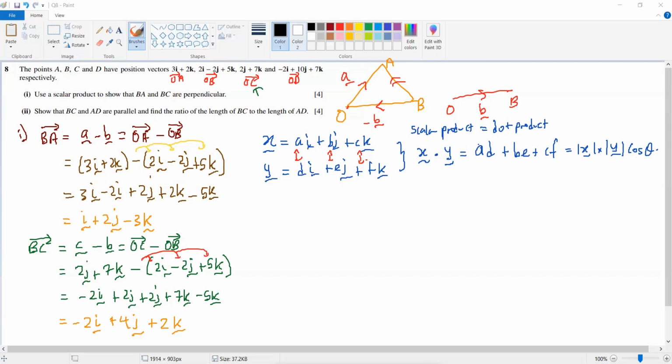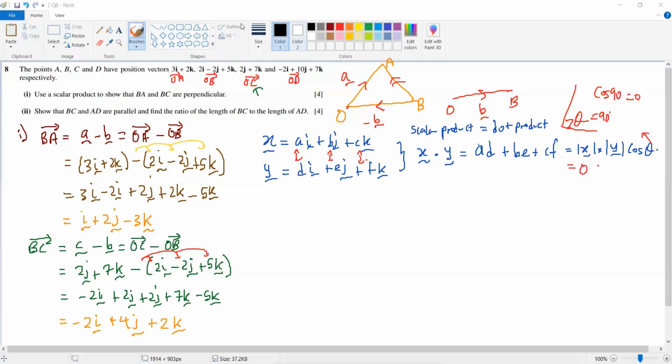That's the trick. Cos 90 is 0. So perpendicular is a special case. Now you can see why. Theta is the angle between the two vectors. So if the two vectors are 90 degrees, then cos theta is cos 90. Cos 90 is 0, so this must be proven as 0.